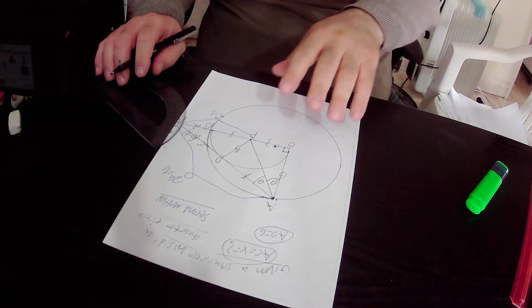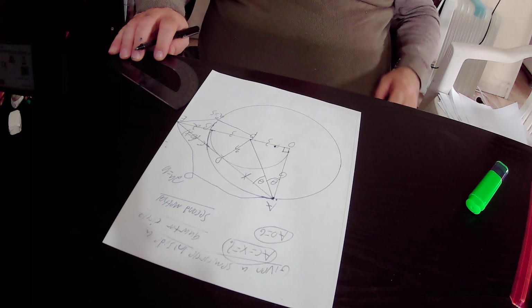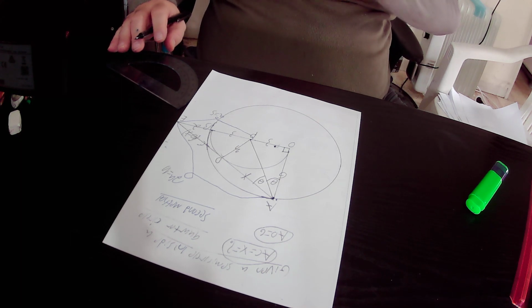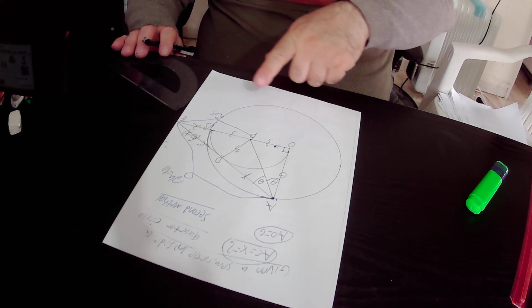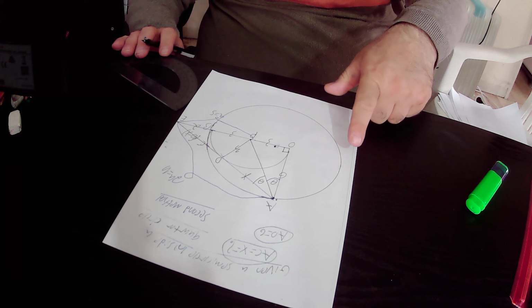So we completed the quarter circle to a circle, and then we will extend line segment BO by a straight line until it touches the circle.